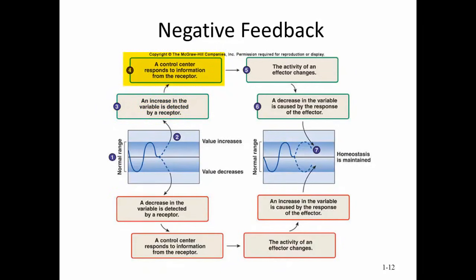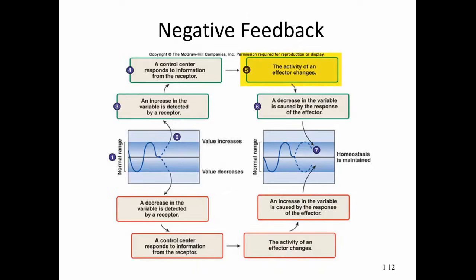And then number 4 here, a control center responds to information from the receptor. Again, if we look at our thermostat, the thermostat itself would be the control center. So the receptor is the thermometer, and the control center is the thermostat itself.